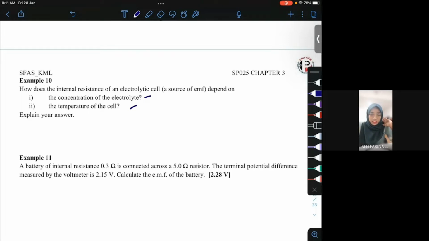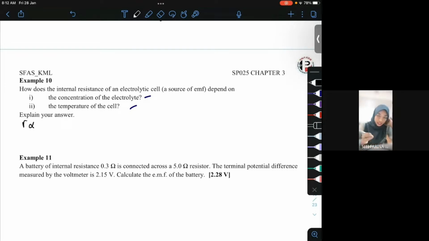Tapi explanation kamu ni kena ada beberapa benda lain lagi. Contoh, for the concentration of the electrolytes, kita akan cakap the internal resistance of an electrolyte cell, saya guna simbol R, is inversely proportional to the concentration.